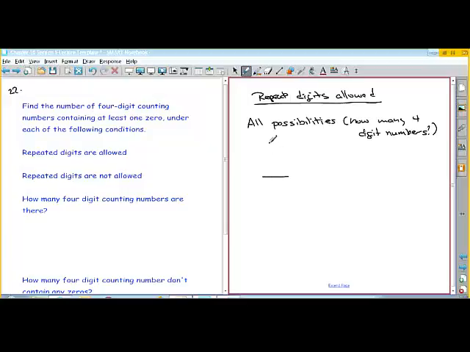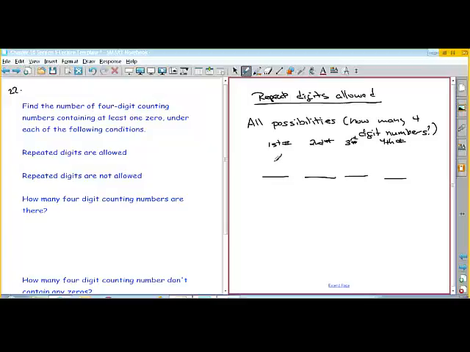We're going to choose the first number. I'm going to use the hashtag as a short thing for number. We're going to have the second number, the third number, and the fourth number. And then we're going to list the number of possibilities for each number. So if you have a 4-digit number, what are the possibilities for the first digit, this digit right here?